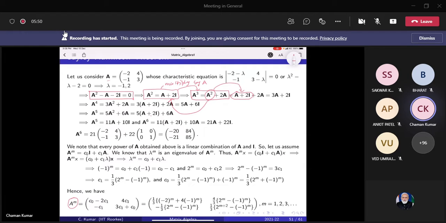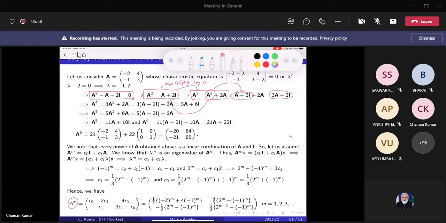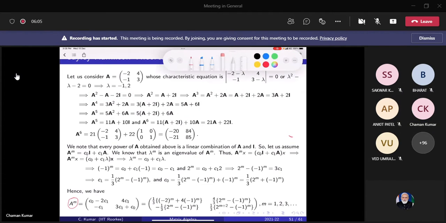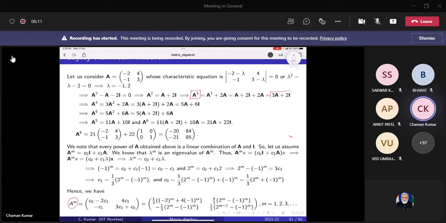And then you add them together. So you have 3A plus 2I. Fine. So what we get here is that A raised to 3 is equal to 3A plus 2I.